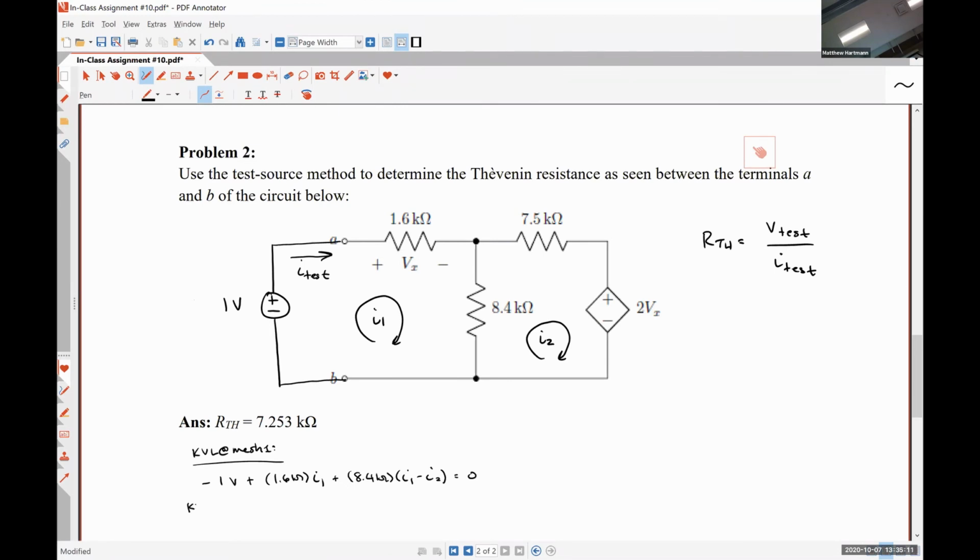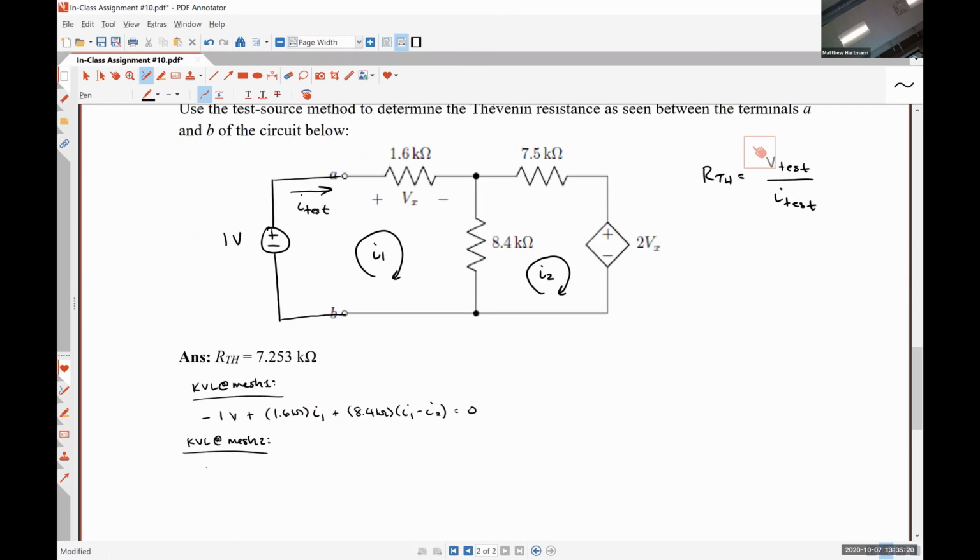Around mesh 2, we would see 8.4 kiloohms times I2 minus I1 plus 7.5 kiloohms times I2 plus twice Vx.